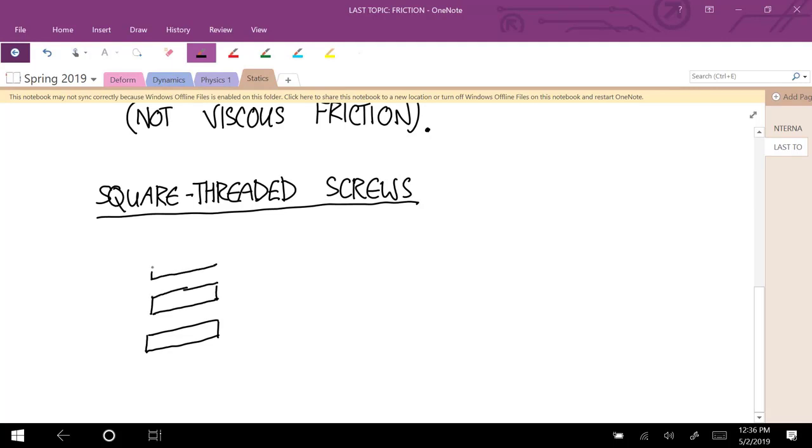So here are a couple of threads on the screw, and they articulate with threads on the thing that it's attached to.